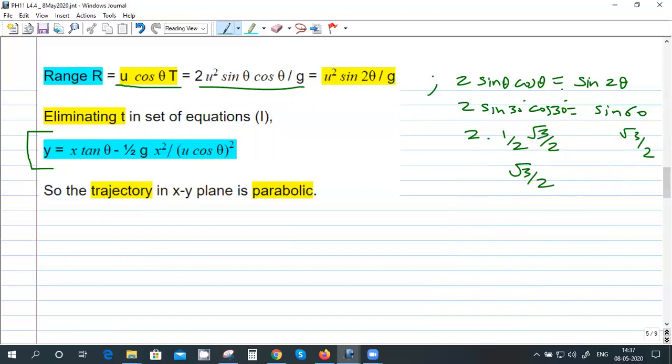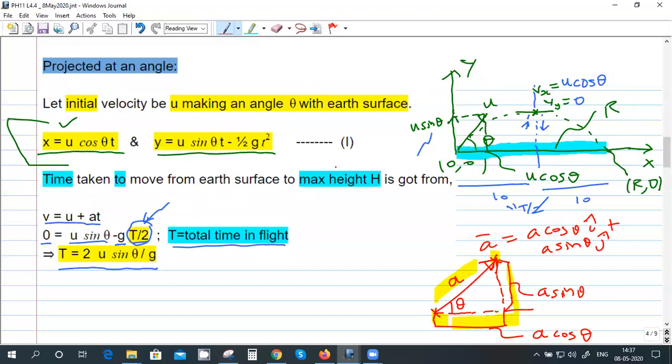Should I do the calculation? See, the second one is y equal to u sin theta into t. Instead of t, I put x by u cos theta from the first equation.